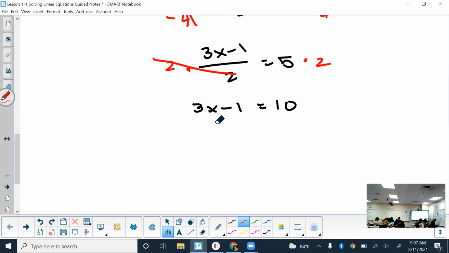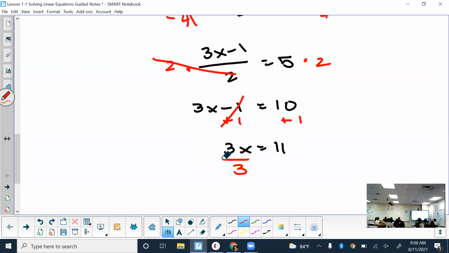All right, add 1 to each side. All right, sometimes people wonder why this time we're adding. Right now the 1 is negative, so make it cancel out. On the left, we have 3x. On the right, we have 11. Now, what do we do?